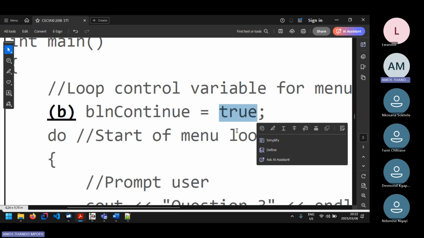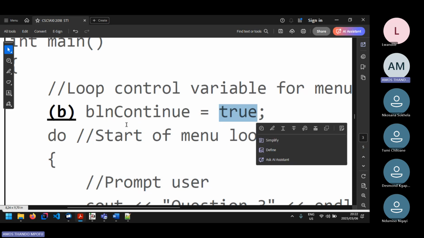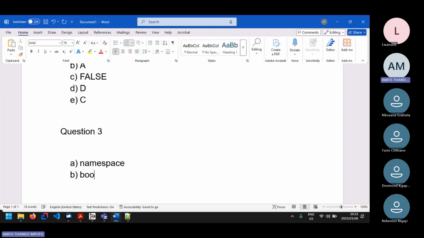To initialize a double, you put in a number with the decimal point. And to initialize a string, you put in a value between double quotes. So here, the only applicable data type is bool, because I see the value true here. So B is going to be bool, the boolean type.